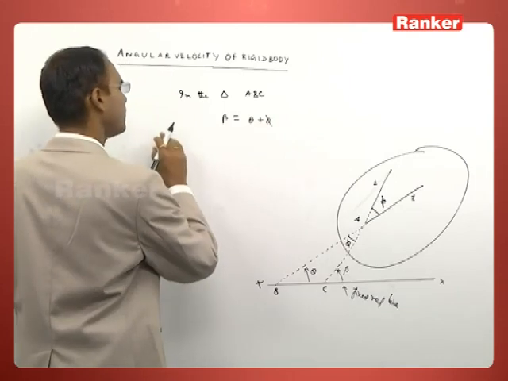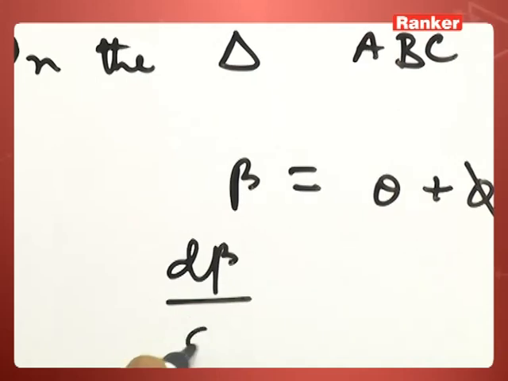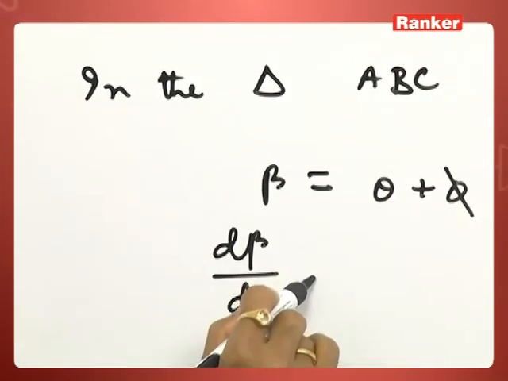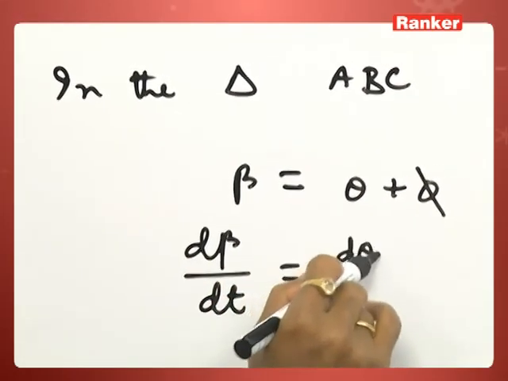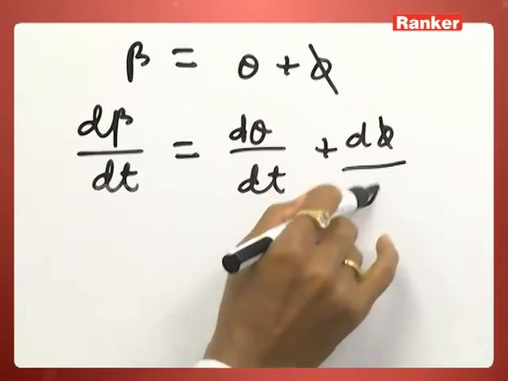Taking the derivative of both sides with respect to time, we can write d beta by dt is equal to d theta by dt plus d phi by dt.